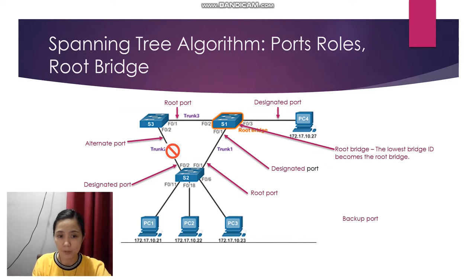The root port is the one port on the switch that has the lowest cost to reach the root bridge. The switch with the lowest bridge ID becomes the root bridge. The designated port is selected on a per segment, each link basis, based on the cost to get back to the root bridge for either side of the link.